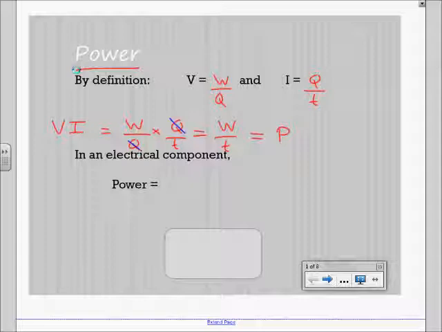And so therefore in electrical situations, power is equal to potential difference, or voltage if you want, multiplied by current. Power P equals VI.